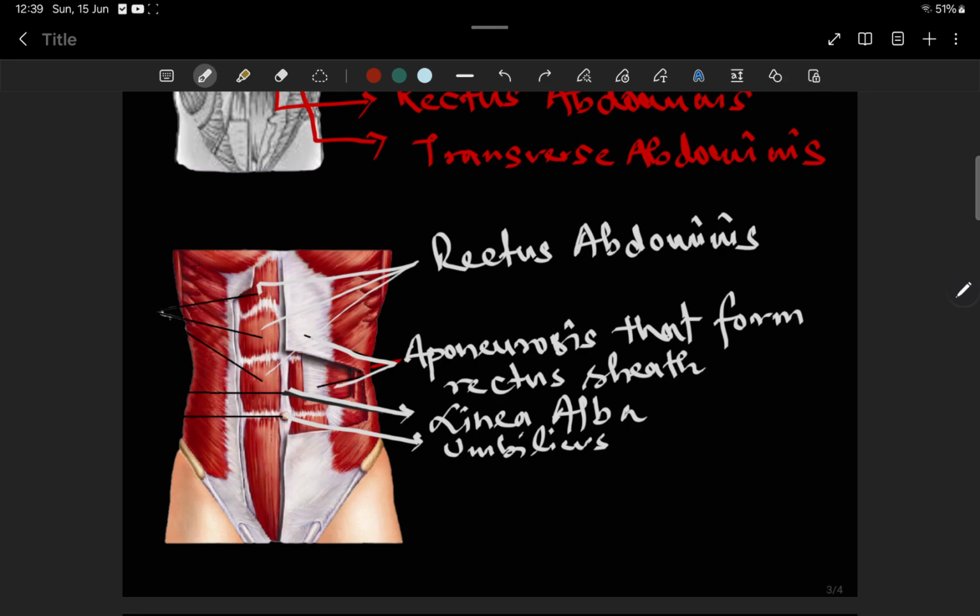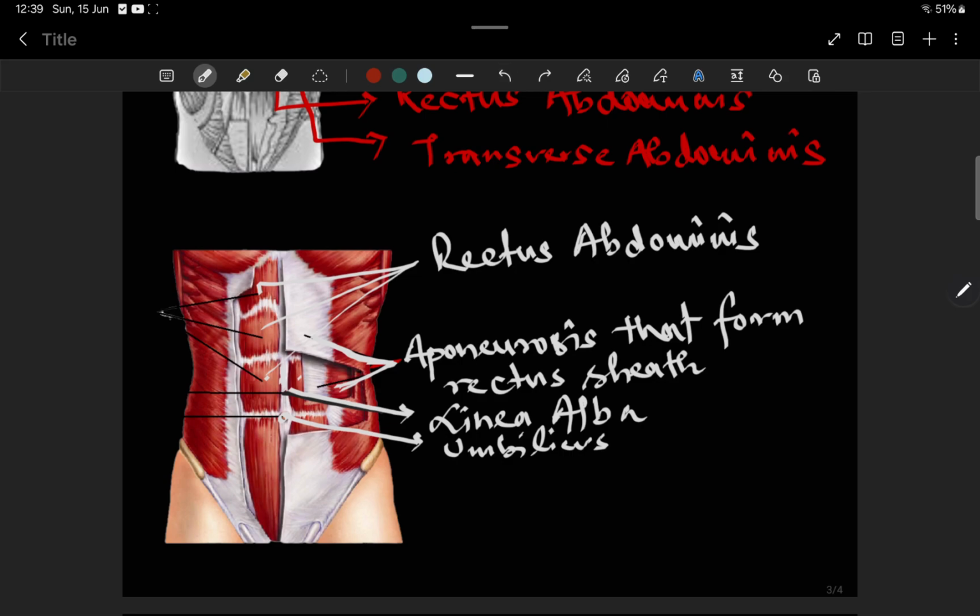This white portion in the midline is the linea alba. This is the umbilicus portion, and these are the aponeurosis of the rectus, both sided aponeurosis. And these are the rectus abdominis muscle.